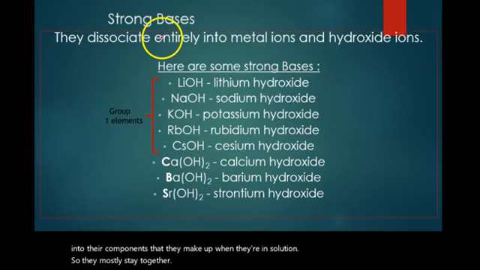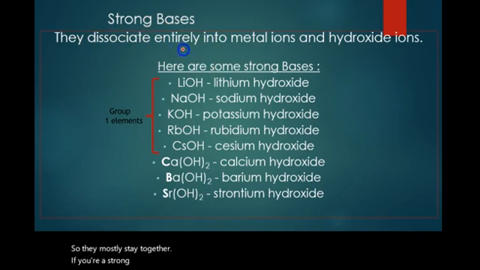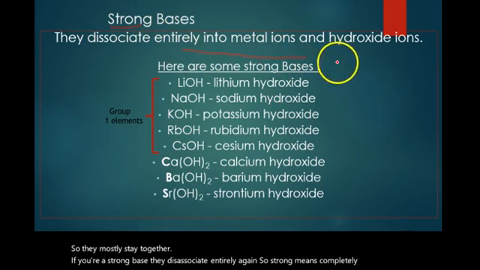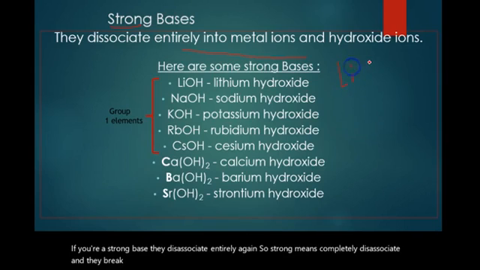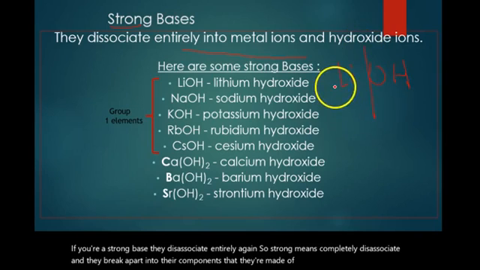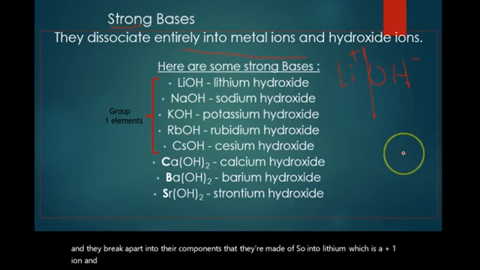If you're a strong base, you dissociate entirely. Again, strong means completely dissociate, and they break apart into the components they're made of. So into lithium, which is a +1 ion, and hydroxide, which is a -1 ion.